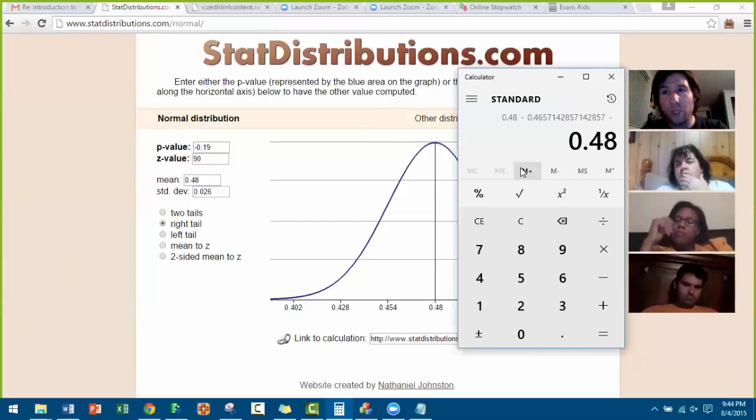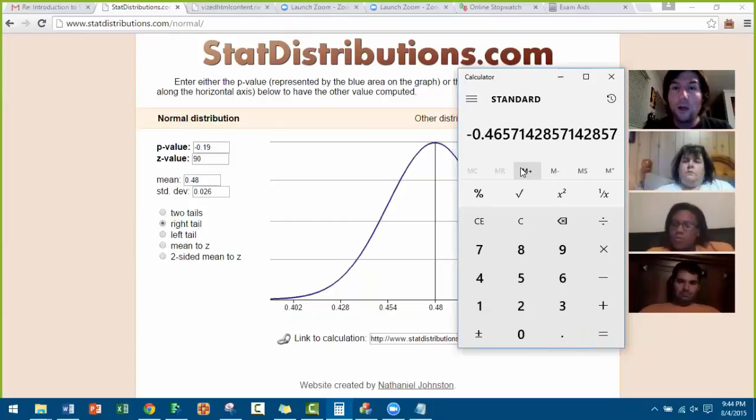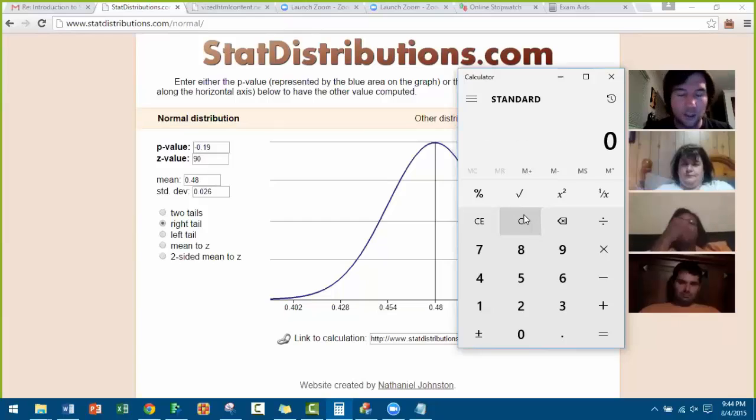It's a proportion, but it's the center. It's what we expect on average. So it's not a quantitative mean. When I say mean right here, I'm talking about the mean of the distribution, the center of a distribution. There is the difference between the two.